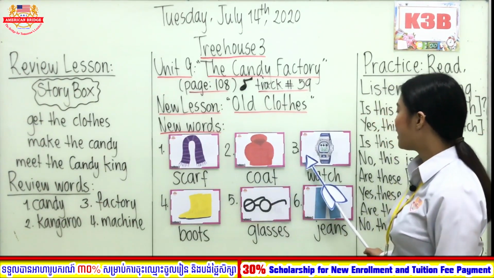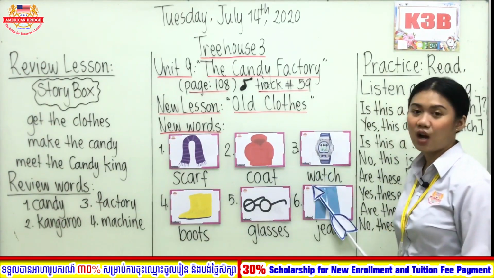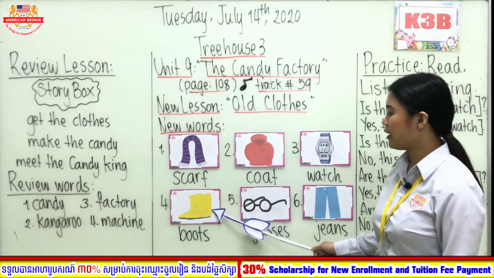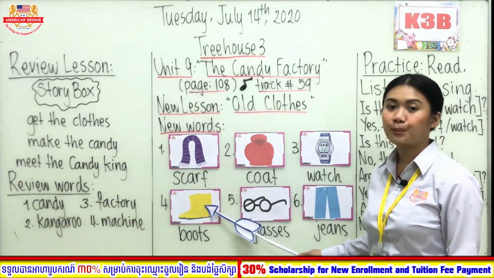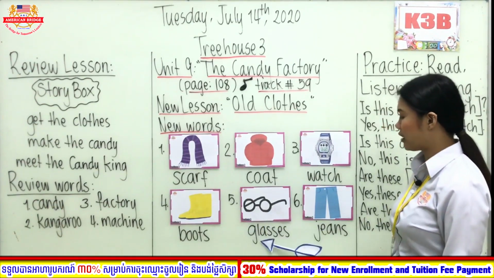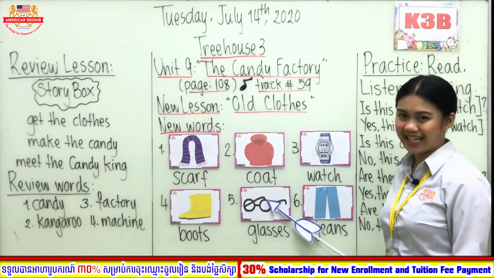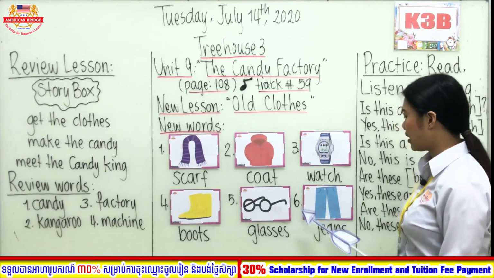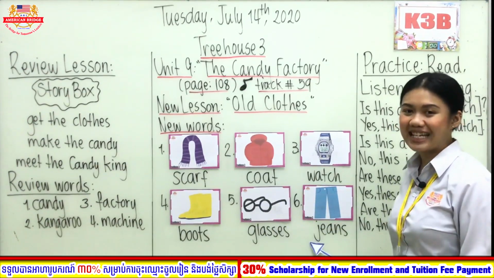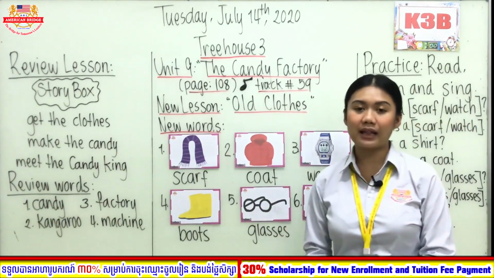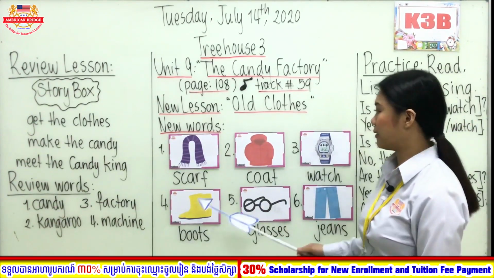Number 3, this one is watch. Number 4, this is boots. Number 5, this one is glasses. And number 6, this one is jeans. Now let's read and spell these words.